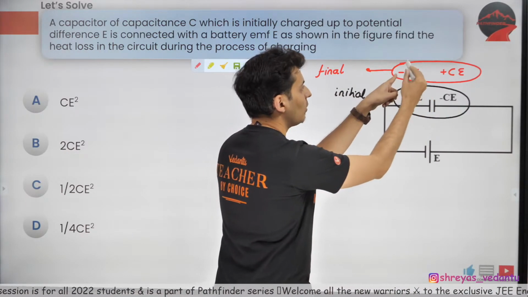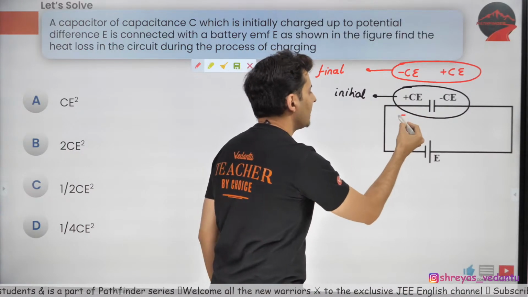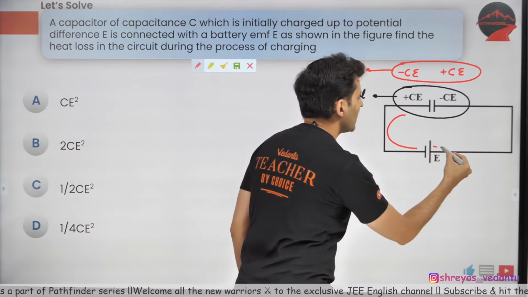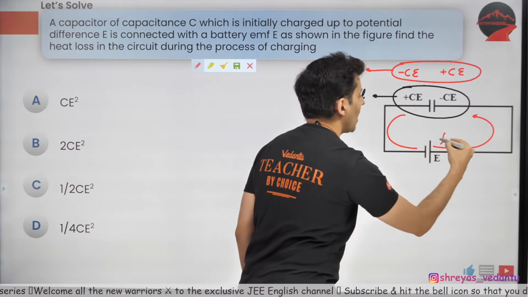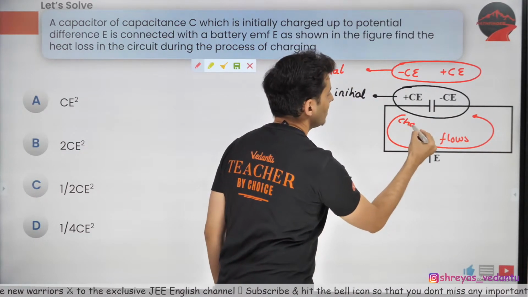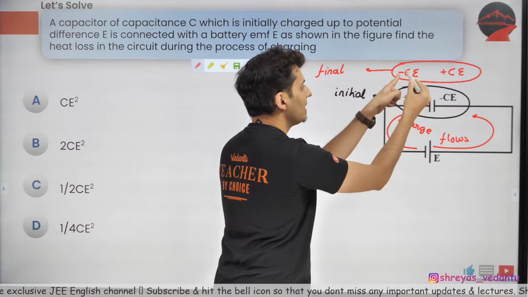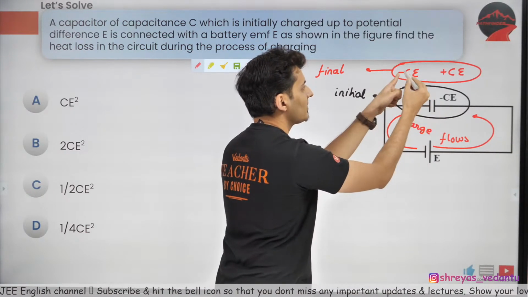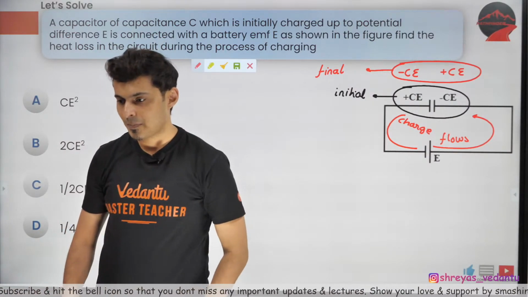Eventually, there was minus CE charge. So how much charge has come out of this plate which has flown into this circuit and gone into the other side? How much charge flows? How much is the charge which flows in the circuit? This was plus CE and this same plate has become minus CE. Think and carefully answer this.